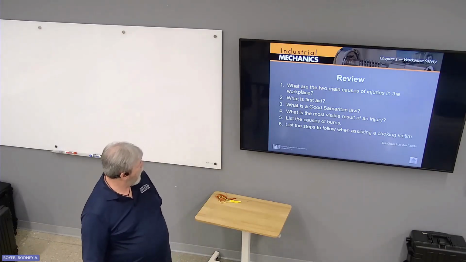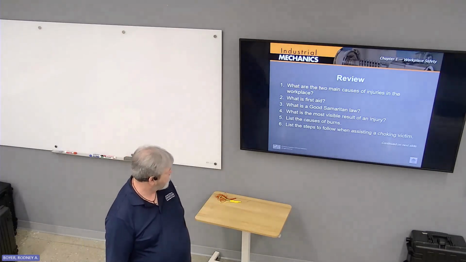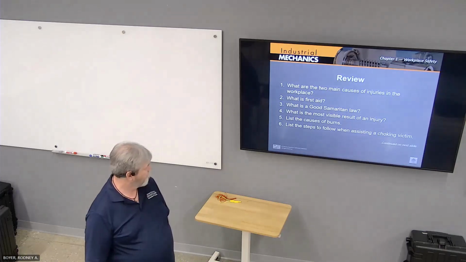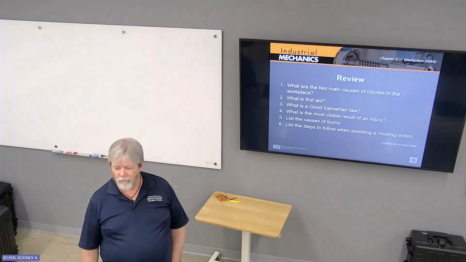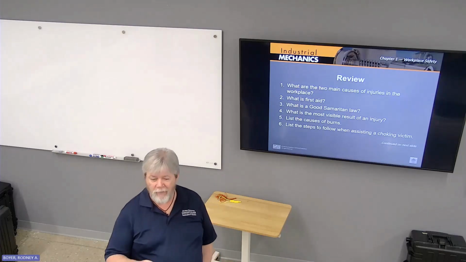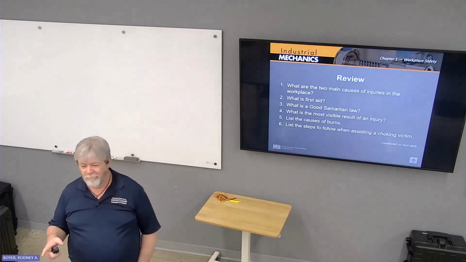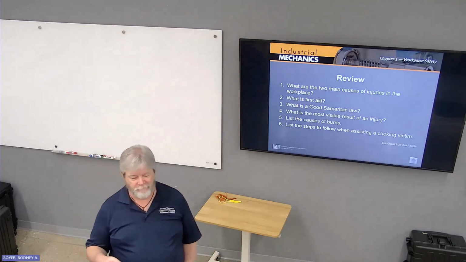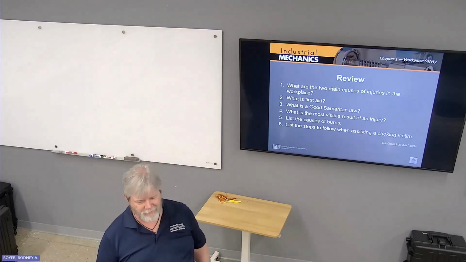List of steps to follow when assisting a choking victim. Are you okay? That's part of it, but it's technically not one of the steps. Slaps on back. How many times? Is it 3? Close. 5 times.